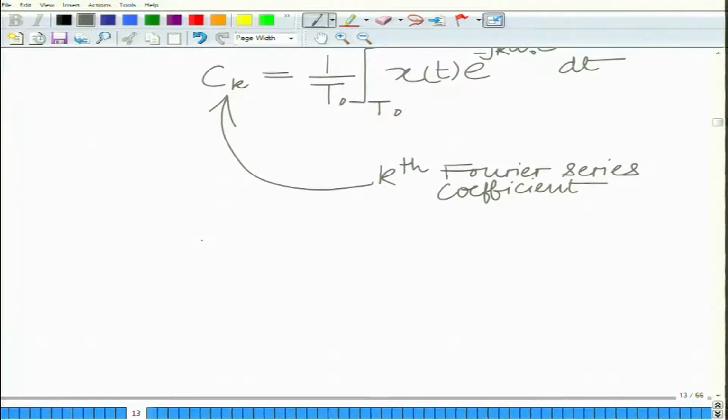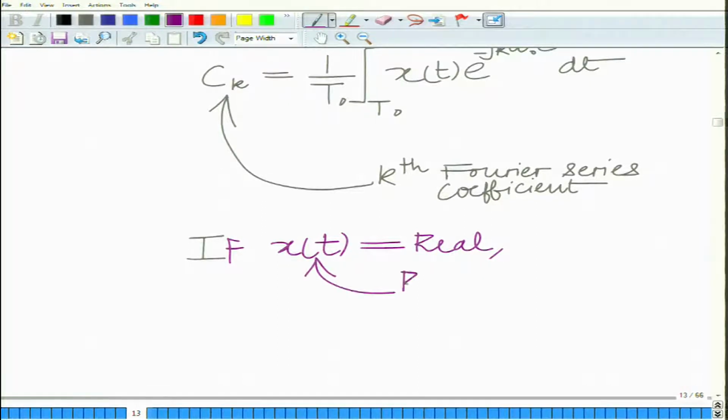Now let us look at some of the properties of this Fourier series representation. One important property: if x t is real, that means x t is a real function or a real signal.